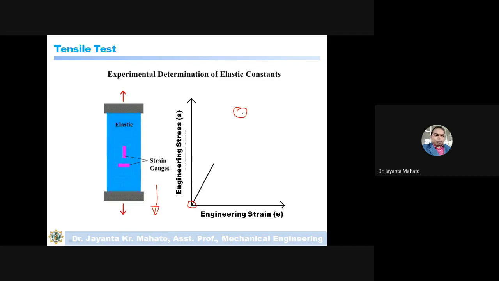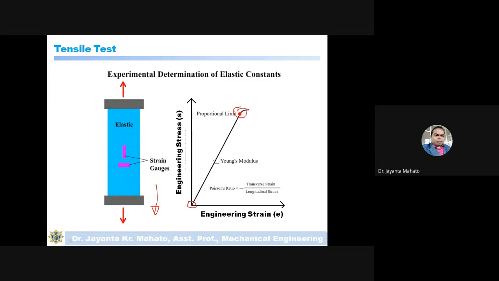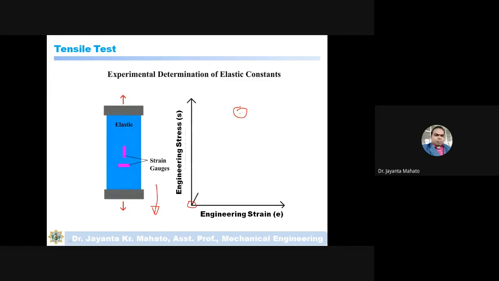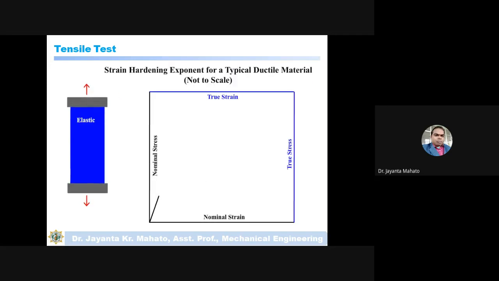If you apply more and more force beyond this proportional limit, then the material elongates again and the shape of the stress strain curve will change here. After this portion, the shape of the stress strain curve will change, and it looks like so.